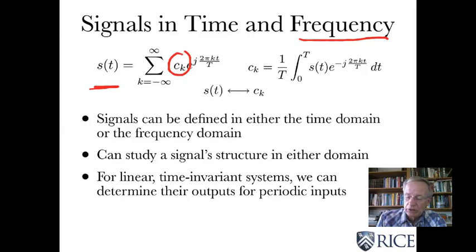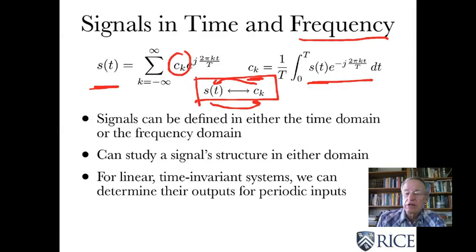And going the other way, you can take your signal, of course, and figure out what its frequency domain representation is. And that really means you can go either way. You can start in time, go to frequency, start in frequency domain, go to time. All choices are available to you. So you can define them in either domain depending on the application.